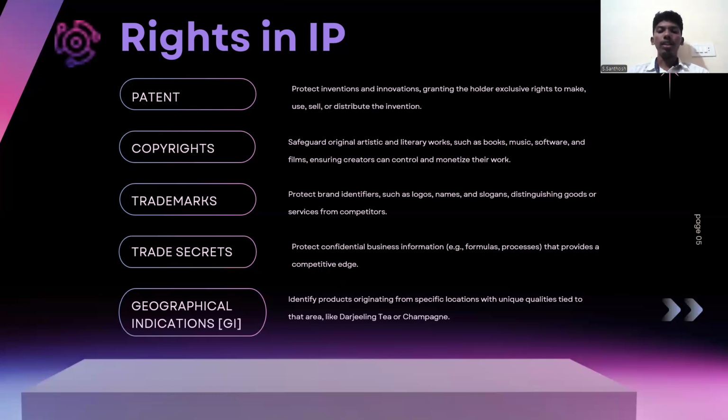Now looking at trade secrets, it helps to protect confidential business information such as the formula or the process by which the product is made, and it provides a competitive edge. Now, looking at geographical indications, it helps to identify the product's originating place, or the place where the product was first formed, from specific locations with unique qualities tied to the area, like Darjeeling tea or champagne.